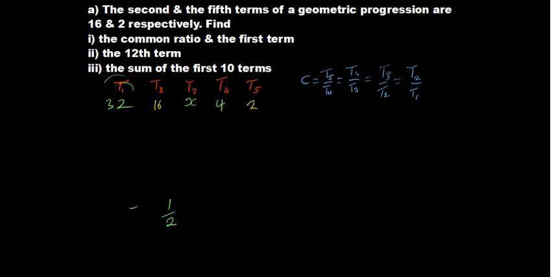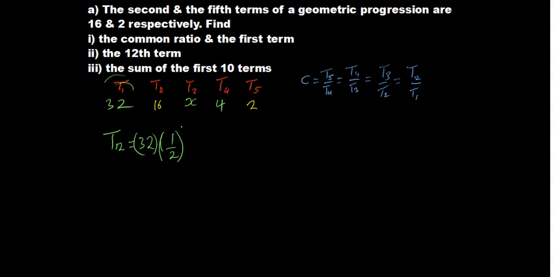All right, so what else are we looking for? We go to the next one. The next one is asking us for the 12th term, and we just get this from the formula. The 12th term is equal to the first term, 32, multiplied by the common ratio, which is 1 over 2, raised to the power n minus 1.